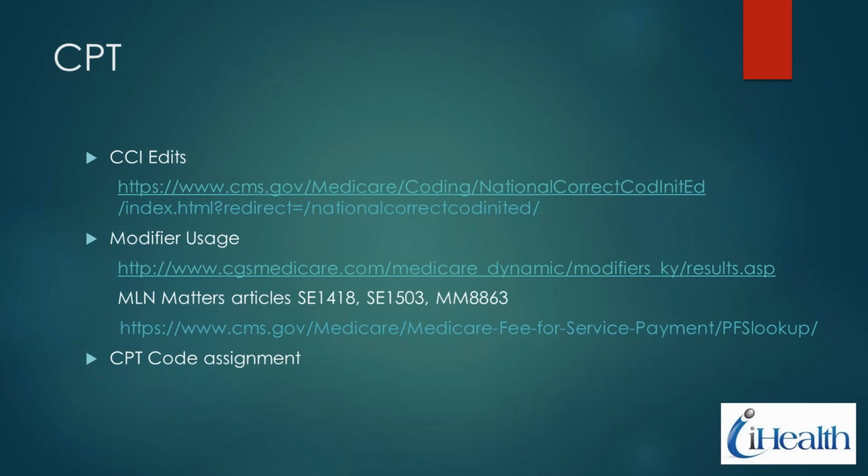It gives some vignettes for most of the codes so that you can see how it is designed to be used. And then another subscription is the CPT Assistant, also from the AMA.